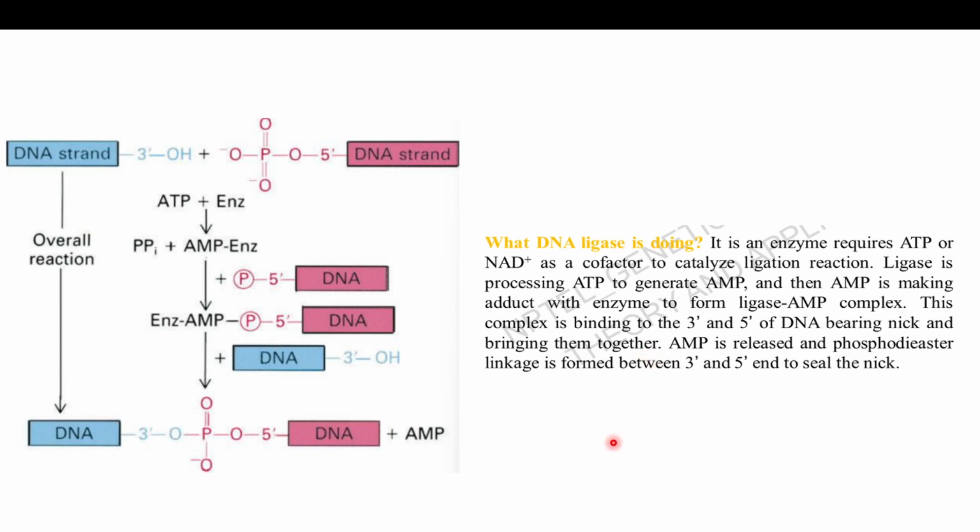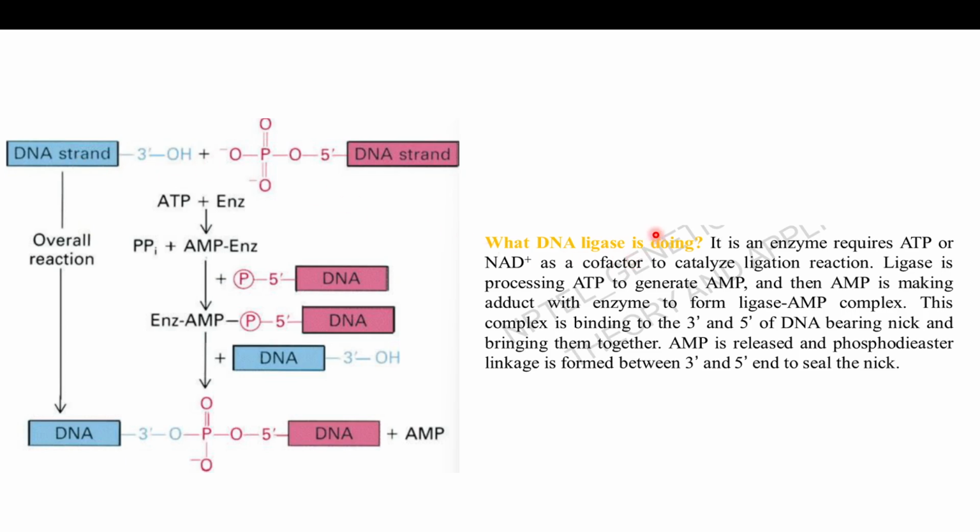Next, we talked about a nick in the DNA strand, where one phosphodiester bond is absent. Suppose this is the DNA strand with a 5' phosphate, and this is the other half of the DNA strand with a 3' OH.